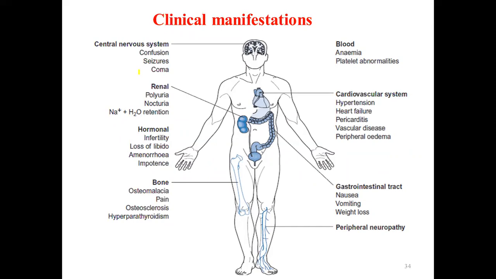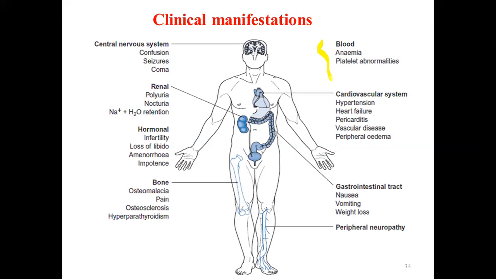Then, looking at the effect on the blood parameters, it can cause anemia as well as platelet abnormalities. The uremic toxin can affect the platelets and cause bleeding.